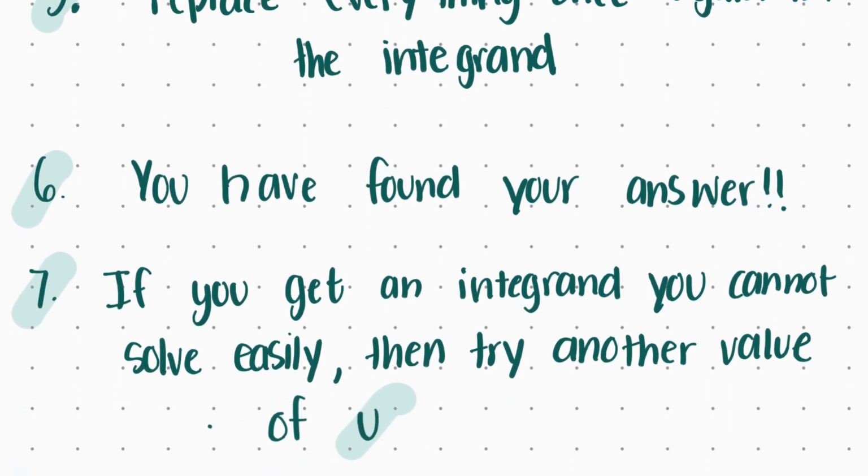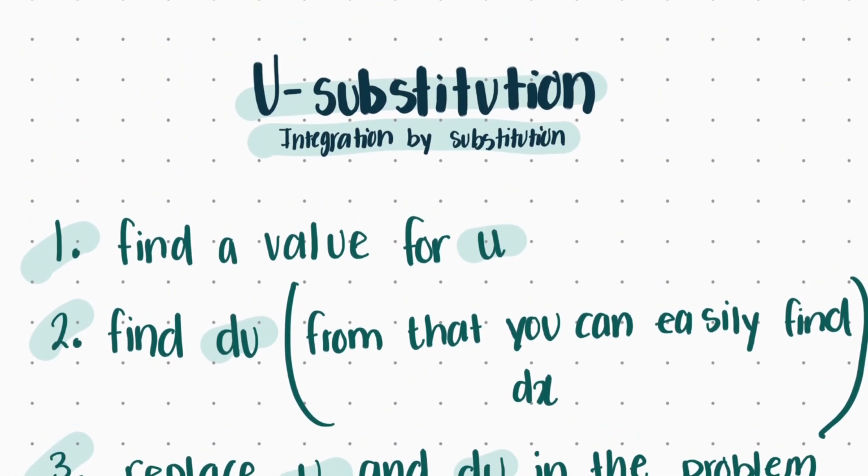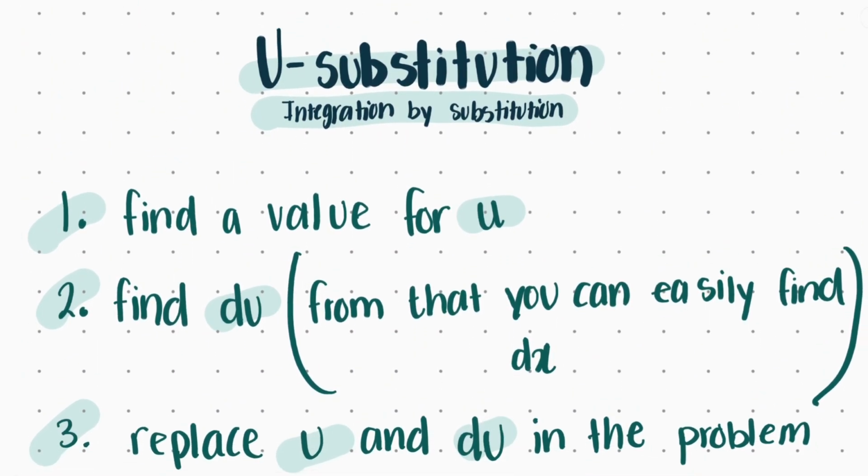And the 7th is that if you didn't get your answer, or if you get an integrand that you cannot solve easily, or if that integrand doesn't look that much simpler than the original problem, then just try another value of u. And these are all the 7 steps for U-substitution.